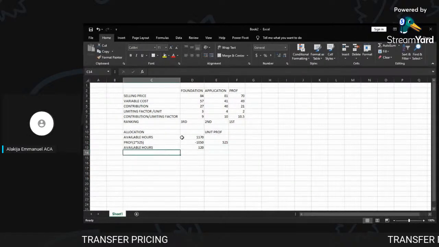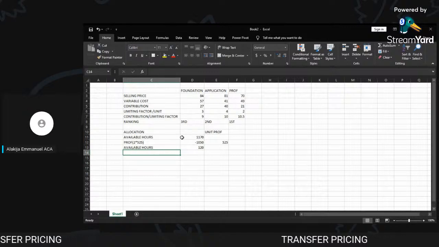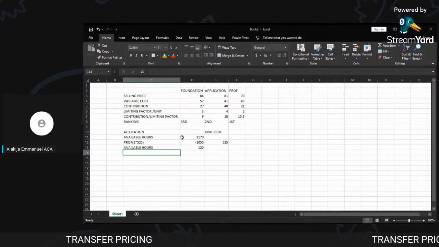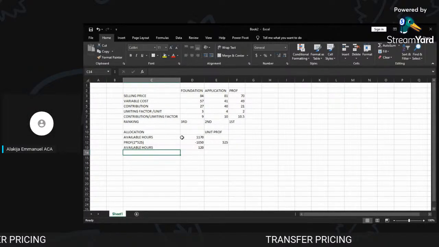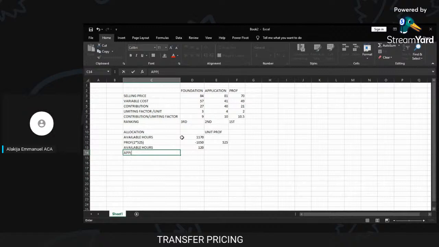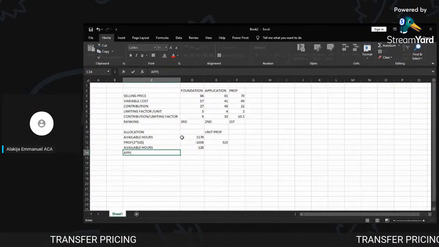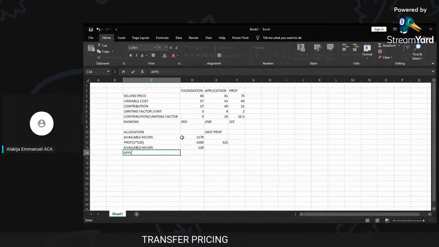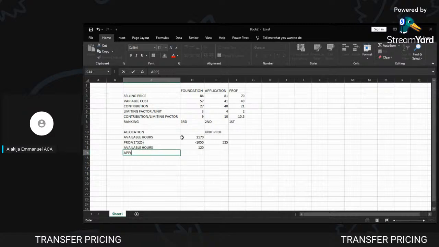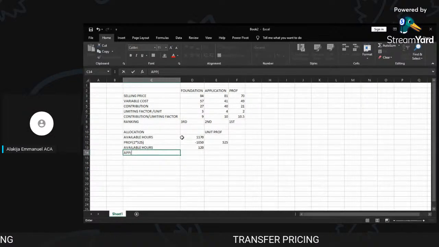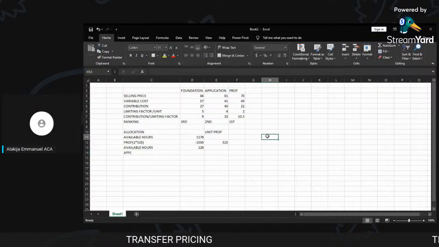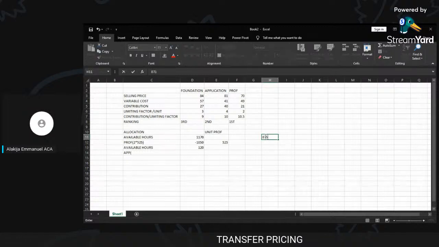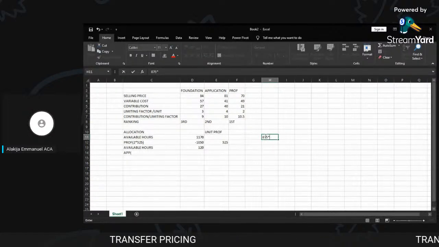So the next in line is application. Total hours application needs to produce 875 units, and it needs 4 hours per unit.